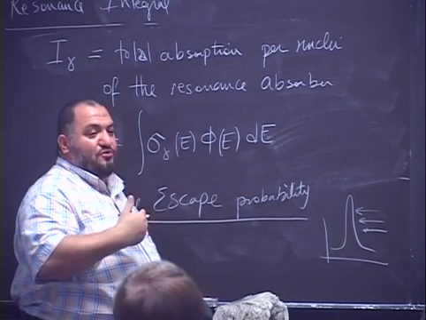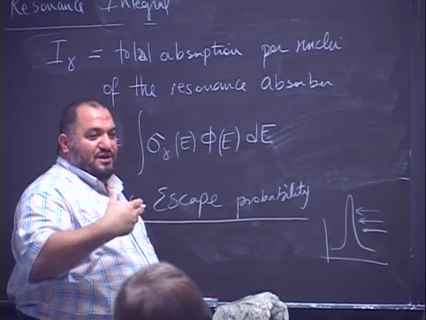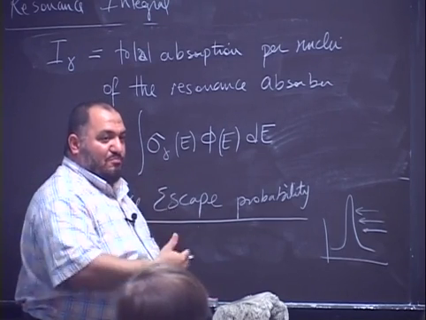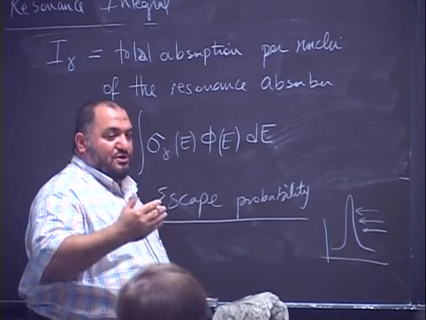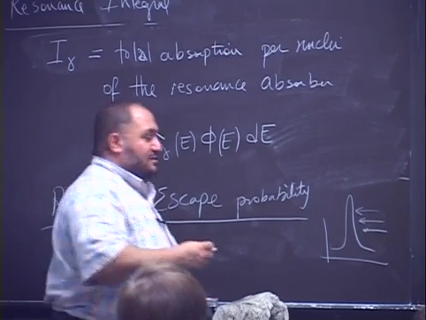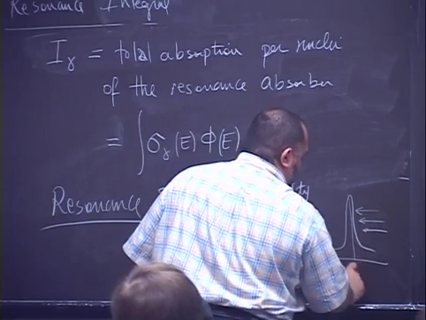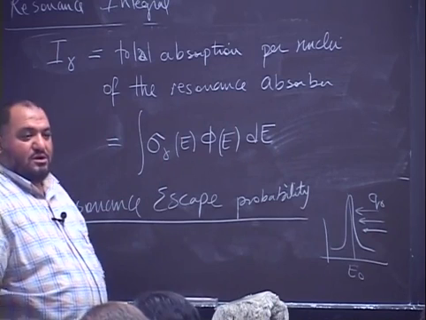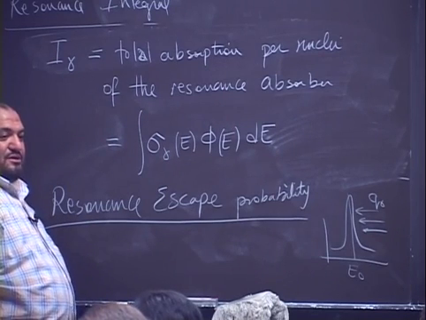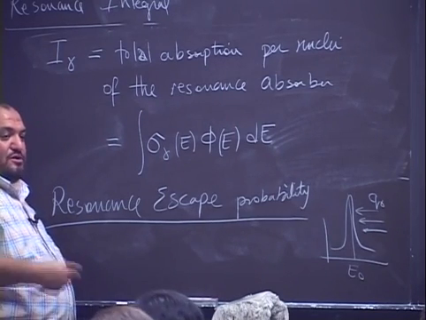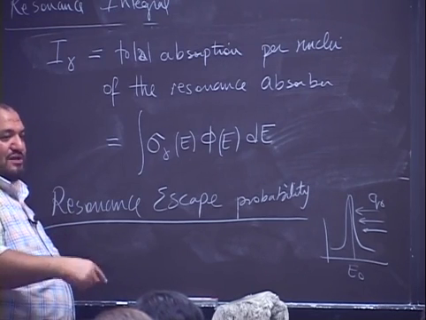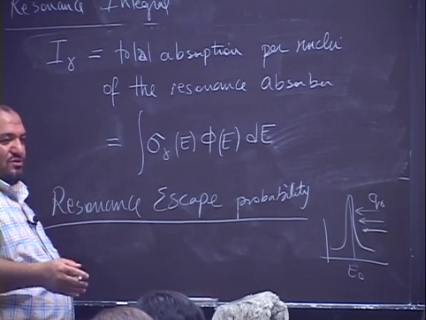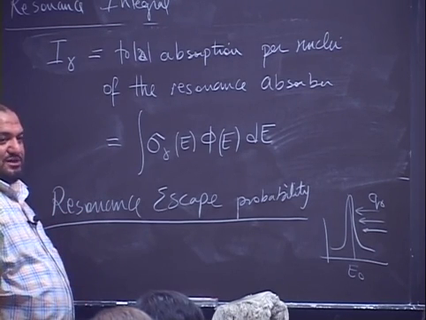No, what comes before the resonance. We define a parameter that describes the number of neutrons that slow down below certain energy. What's this? Slowing down. So let's say that this is the energy E naught, so the slowing down density will be Q naught. What does Q naught mean? Total number of neutrons slowing down below energy E naught, or at energy equal to or less than E naught, yes, per centimeter cube per second.